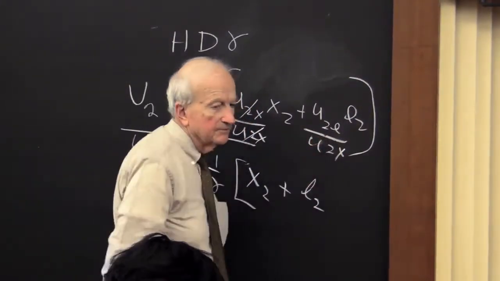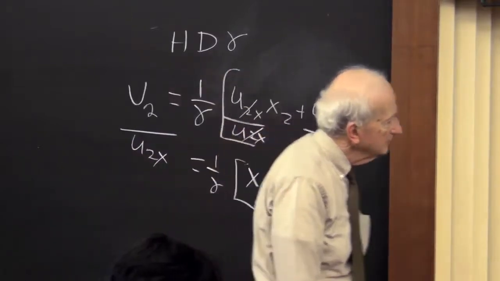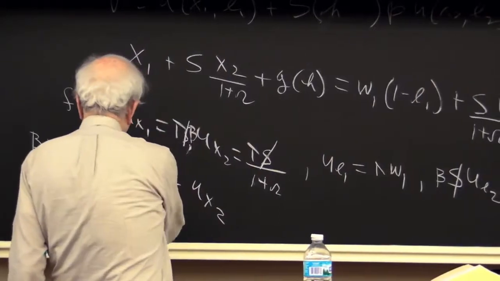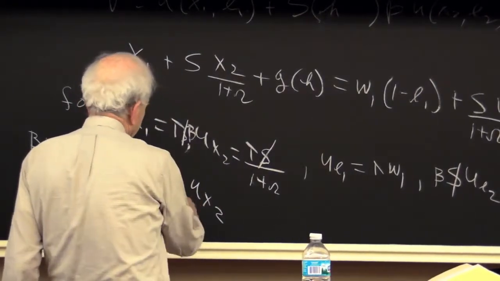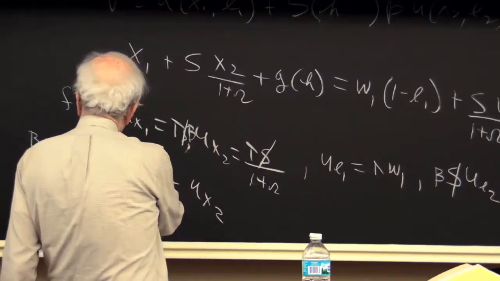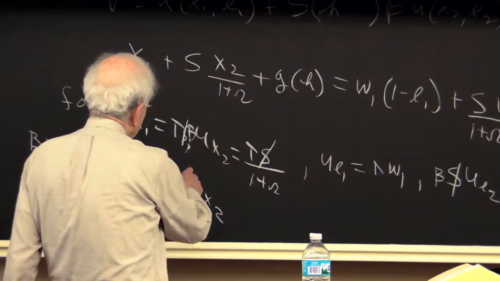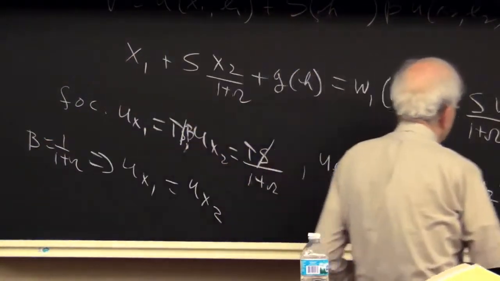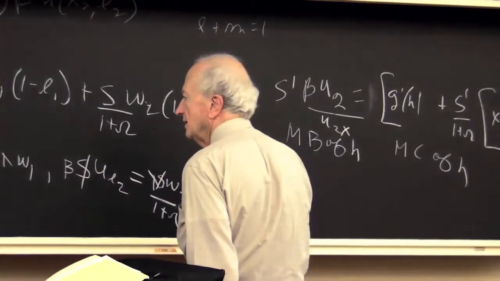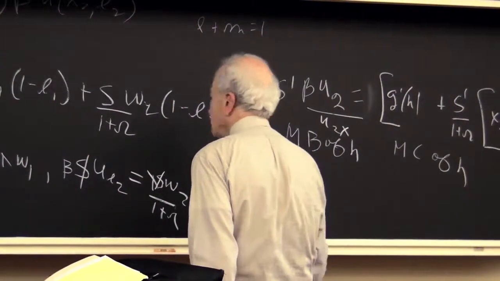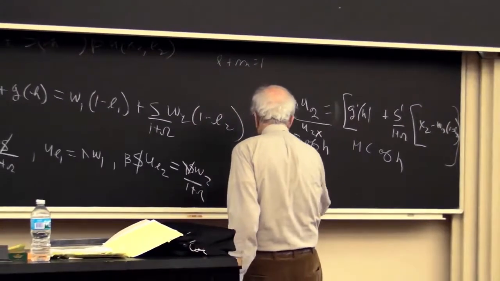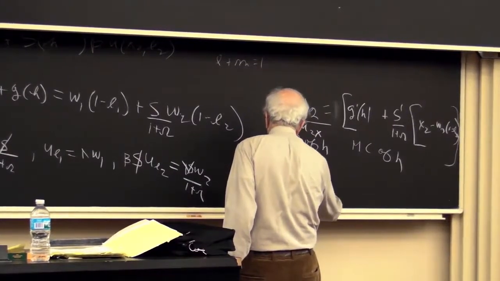Now what's this? Well, let's go back. That's why I wrote these equations down. It really does depend upon that assumption, but let's say in general that if we take this condition, we have, let's write it down, beta u2x is equal to lambda over 1 plus r, right?